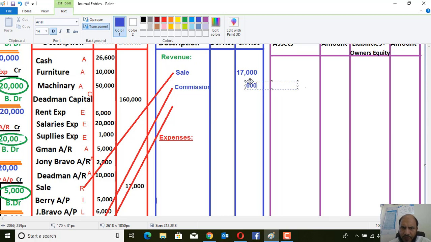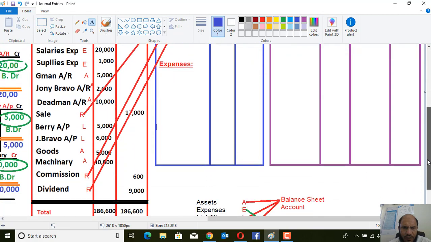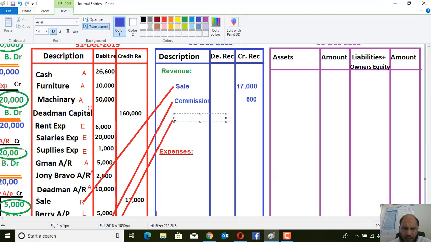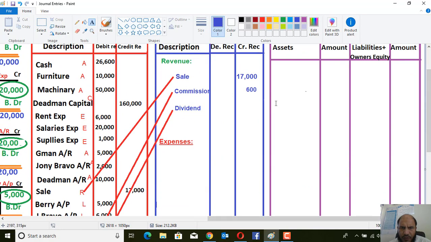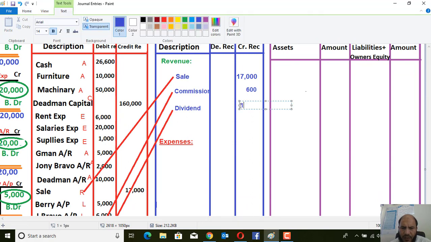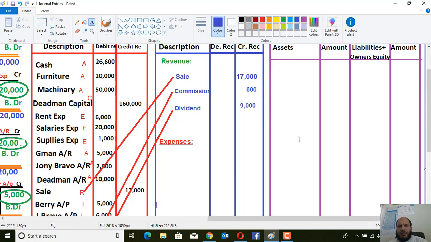And then the last account is called dividend. The dividend amount is 9,000. So dear students, we have taken all the revenue accounts from the trial balance and mentioned them over here.